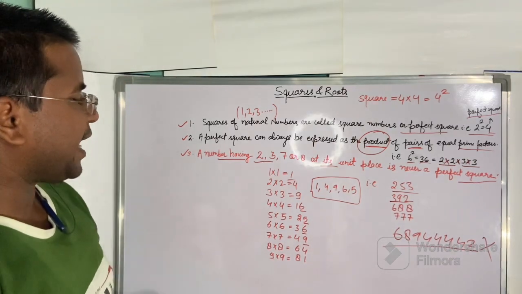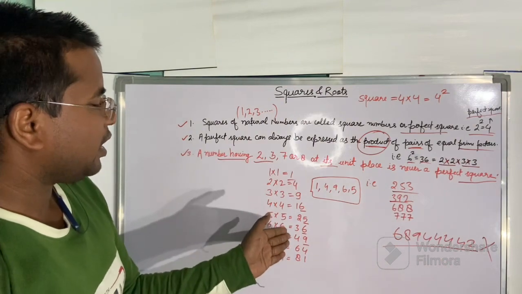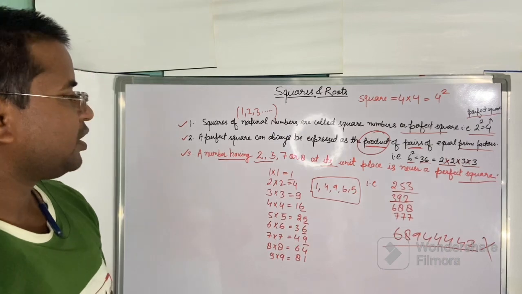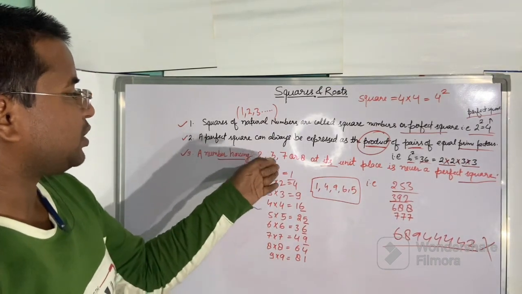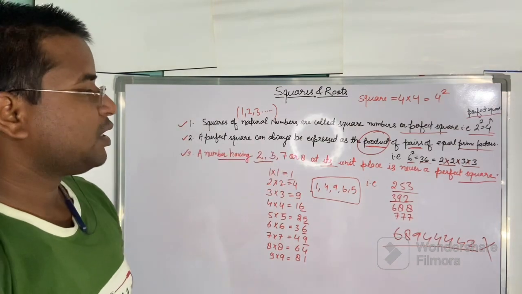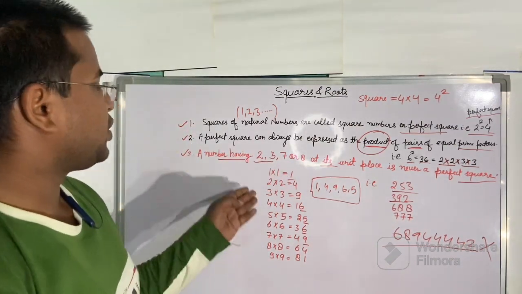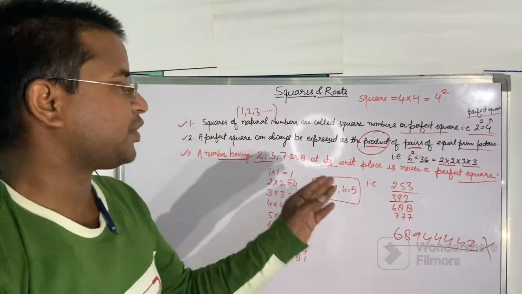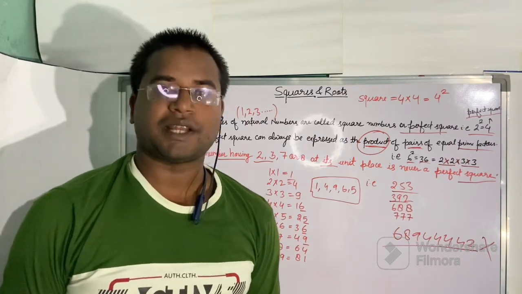We see that the ones digits of all these numbers are 1, 4, 9, 6 and 5. There is no ones digit 2, 3, 7 or 8. That is why we can say that any number which ends in 2, 3, 7 or 8 at its unit place is never a perfect square.